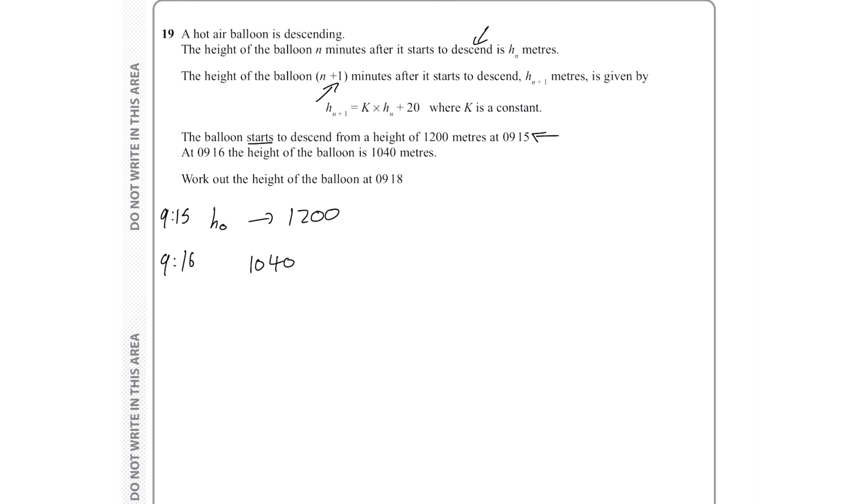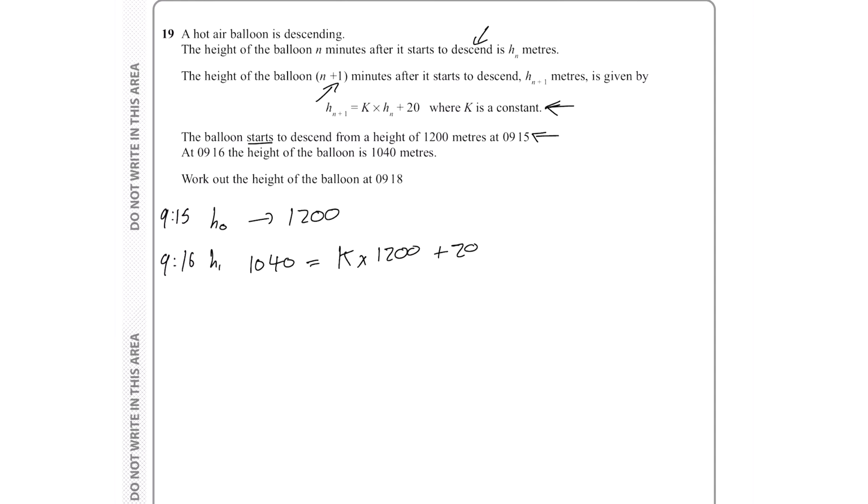We're going to use that equation now because it's been n plus 1 minutes afterwards. So for 9:16, that is going to be k times hn, which is h0, 1200, plus 20. So this is for h1 when n is 0.